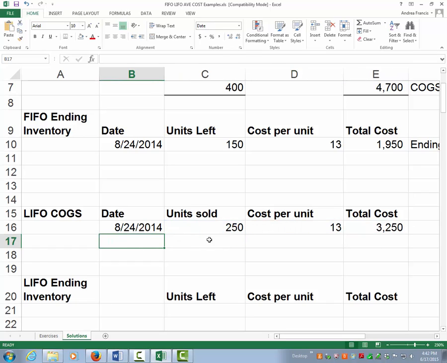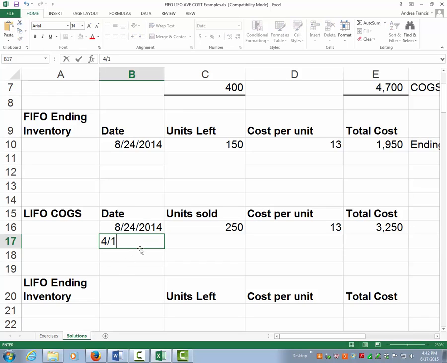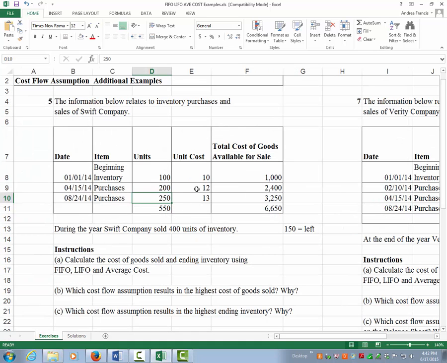So we need 400 and we have 250, so we still need to go further. On April 15th, we have 200 units, but we don't need 200, we only need 150. So we'll take what we need. And the unit cost over here was 12.